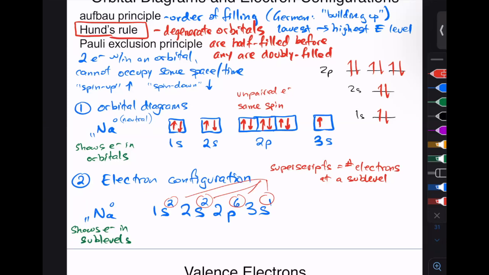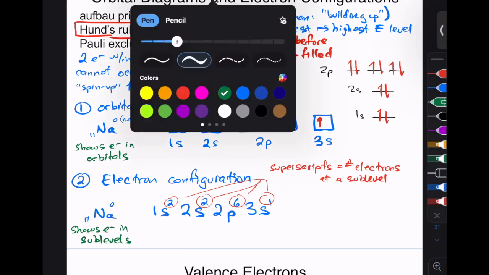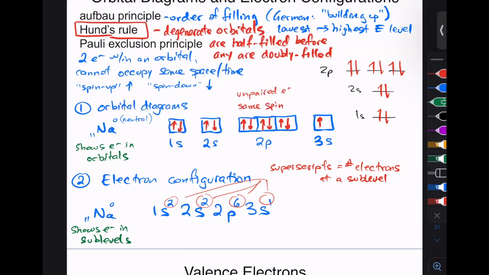If you just want to notate overall where the electrons are within the principal energy levels and sublevels, you'll use the electron configuration. Although honestly, for you all, you're going to use whichever one the question asks you to do, right?